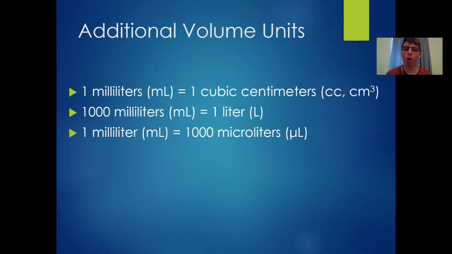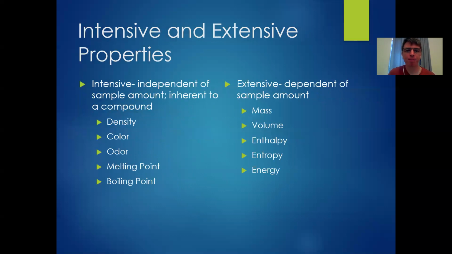Come to find out, 1 milliliter is exactly equal to 1 cubic centimeter. You may hear cubic centimeters referred to as cc's. For example, in a lot of medical TV shows, they say I need 5 cc's of something stat. They need 5 cubic centimeters or 5 milliliters. Just a little interesting fact, especially if you progress further into the health field.